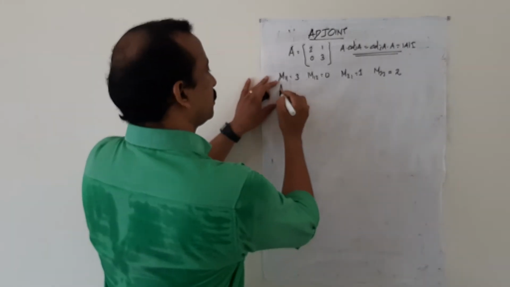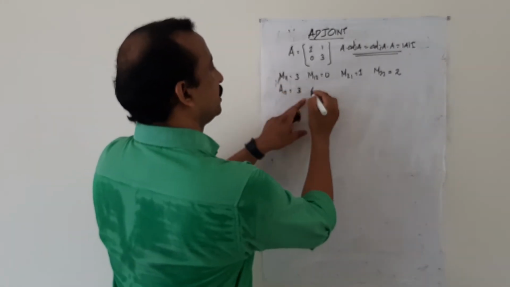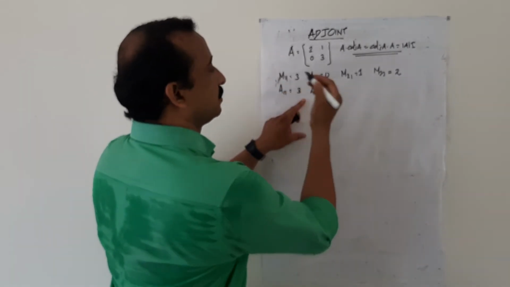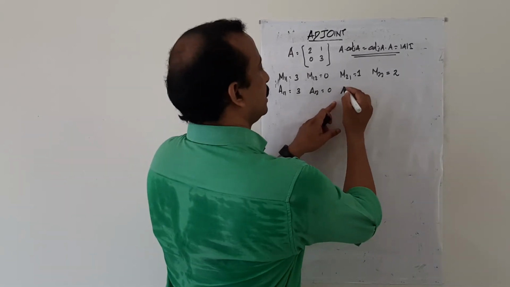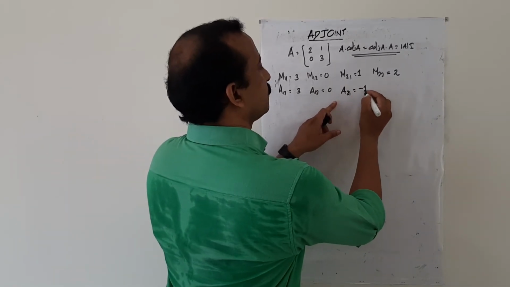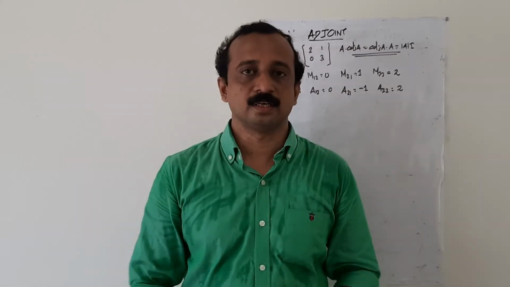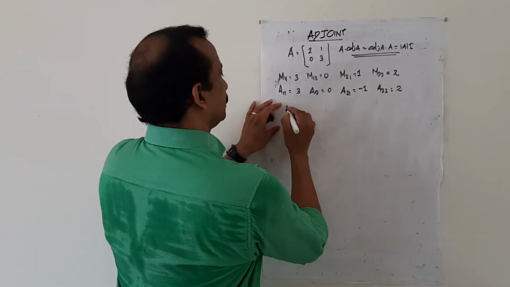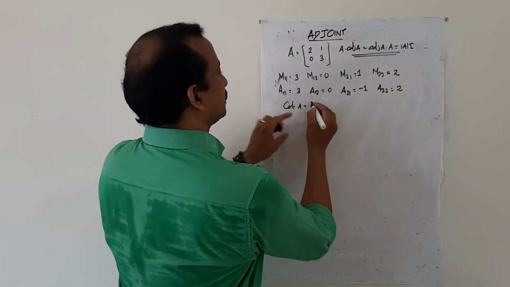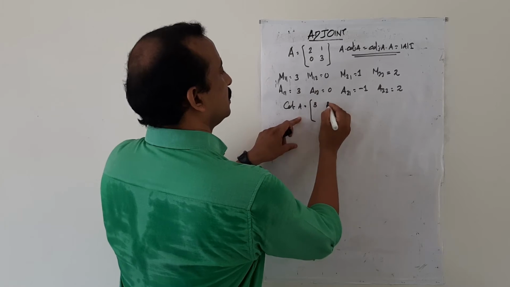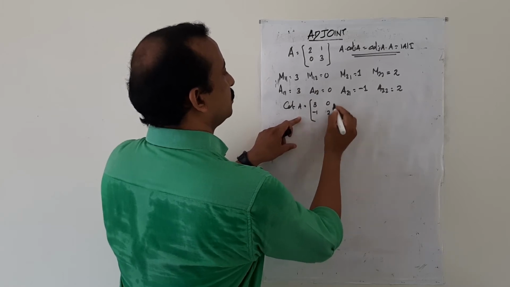And the corresponding cofactors: A11 same, 3; A12 sign change, but 0 no change; A21 again sign change, minus 1; and last A22 same answer, 2. So the cofactors of the given matrix A are 3, 0, minus 1, 2.